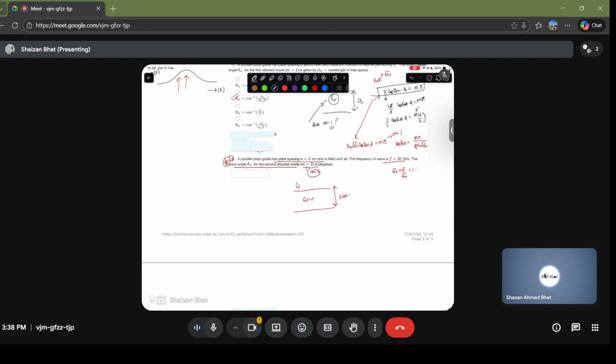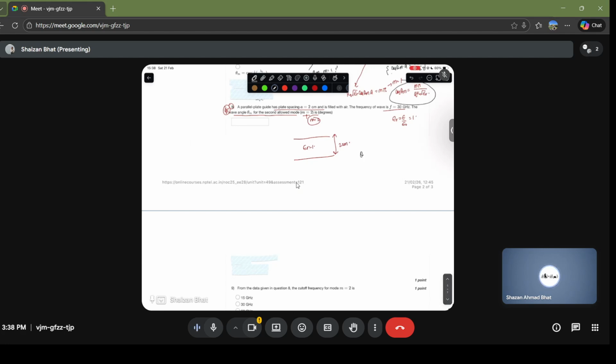You have to use the same equation, but this time m is equivalent to 2. That means we need to find theta 2, which is equivalent to cos inverse of 2 pi over 2 into 10 to the power minus 2 meters, it's in meters, into k naught times under root of 1. What is this k naught?